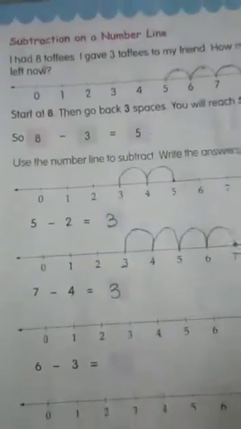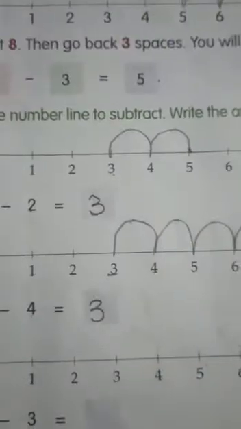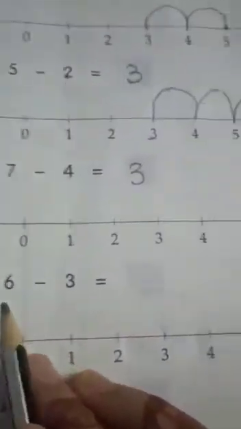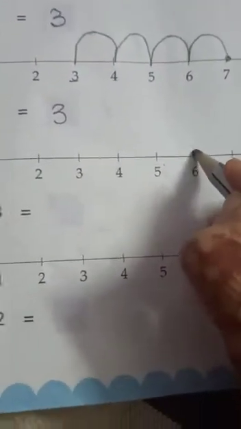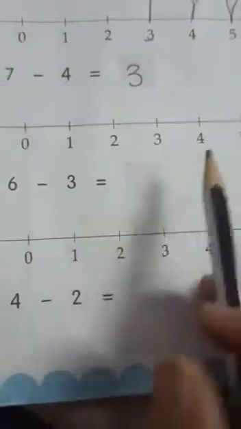Next, subtraction on a number line. Here you see we have to subtract 3 from 6. So first put a mark on 6. Then in subtraction, always remember we will go backward.